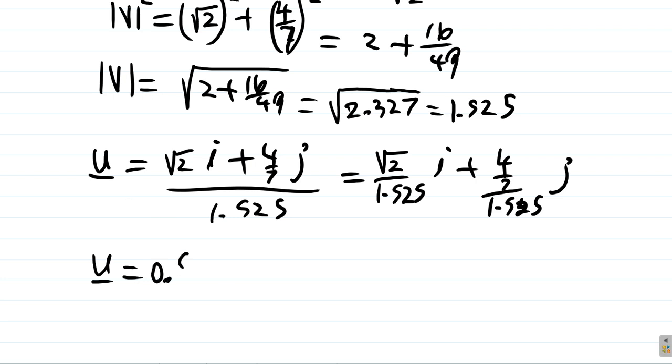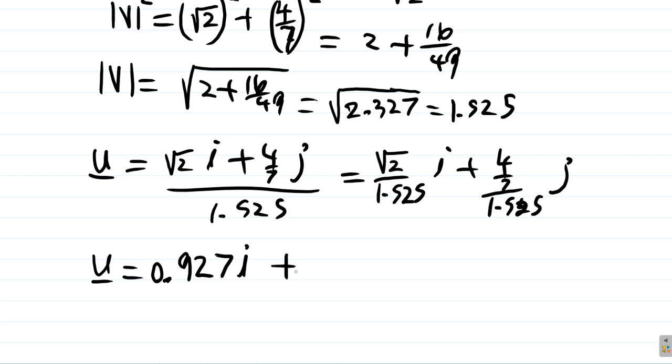So 0.927i. And remember, I'm keeping to 3 decimal places for accuracy. Practice to keep to at least 3 decimal places, and then when you're done with the question, you can round off to whichever number of decimal places or significant figures you want.